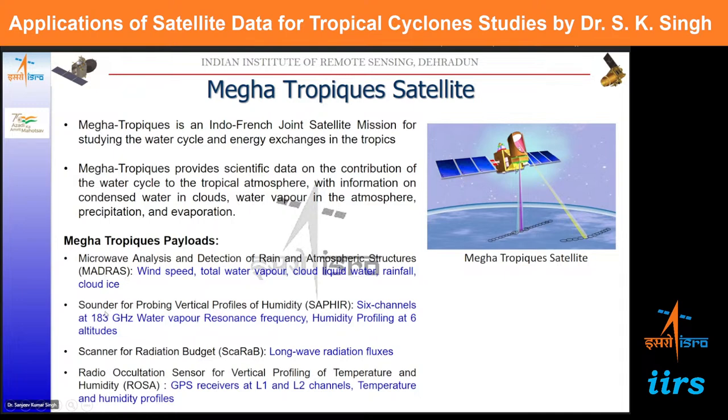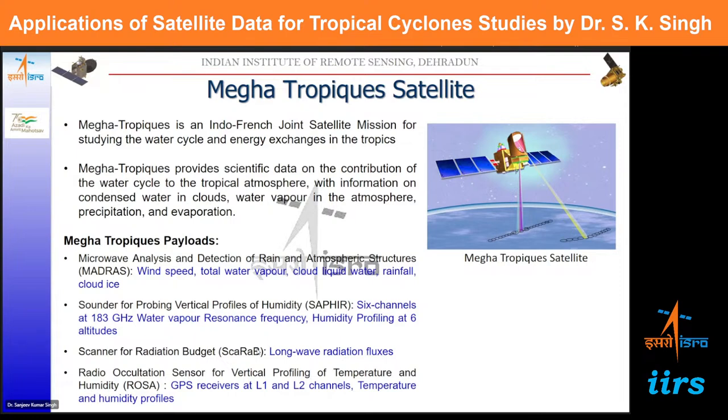One is the Madras, another is the Saphir, a sounder for probing the vertical profile of humidity, and ScaRaB, a scanner for radiation budget for long wave radiation fluxes, and ROSA, a radio occultation sensor for vertical probing of temperature and humidity, a GPS receiver at L1 and L2 channels, giving temperature and humidity profiles.